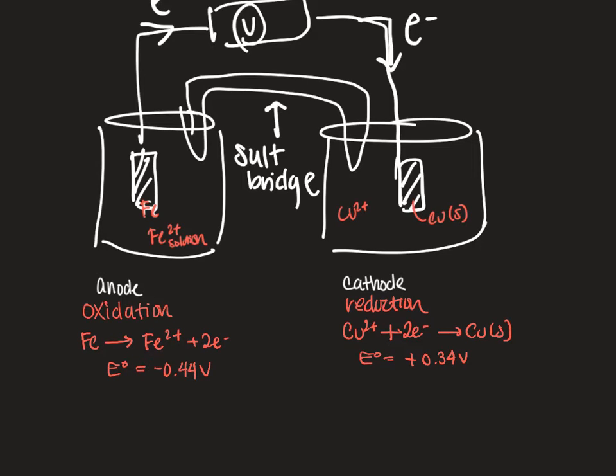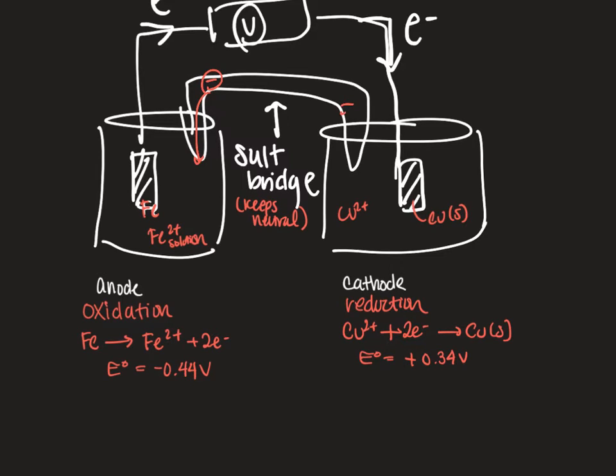And then we have our salt bridge. Just to clarify, because this is a rough topic sometimes, a salt bridge keeps the reaction neutral. Because we have Fe2+ ions in this solution and copper ions in that solution, negative ions can neutralize this solution.